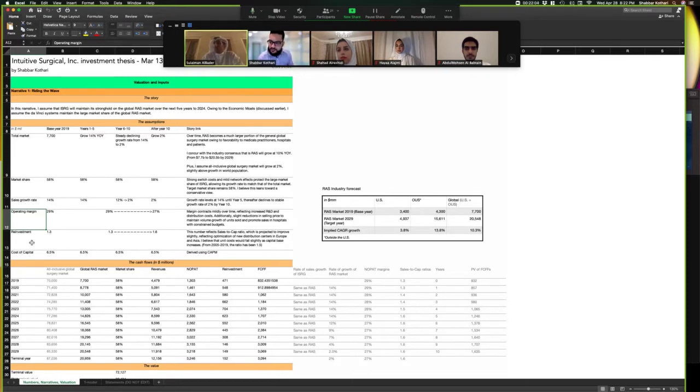What Shabbar is just pointing to is probably the main metric, or one of the main metrics, of knowing a good business. A good business is one where you put 1 KD and you take more than 1 KD, and it depends on how much more than 1 KD you get. If you do this work on Kuwaiti stock markets, you're going to see a lot of listed companies where they put 1 KD and get out less than that.